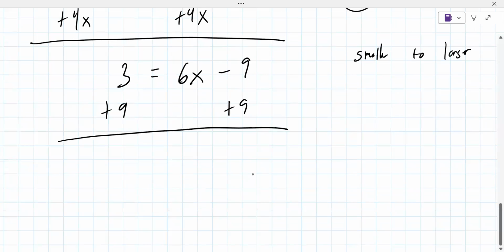All right. What does the left side become? 12. Okay. Now what do you do to solve for x? You have to divide, and then x equals 2.